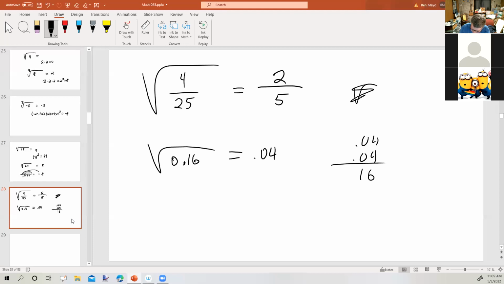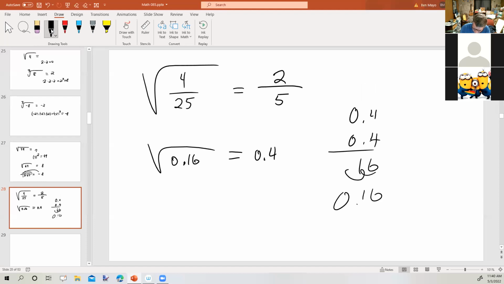That's 16, but then we'd add... no. So then 0.4? There you go. It's kind of tricky because 0.4 times 0.4 is 0.16. Okay, great.